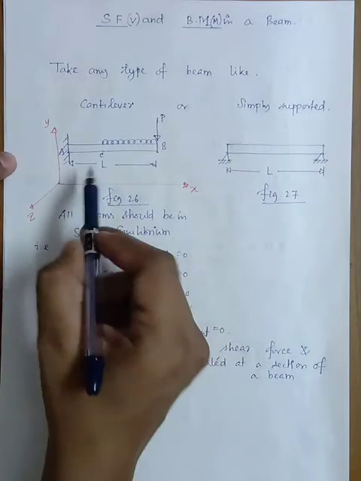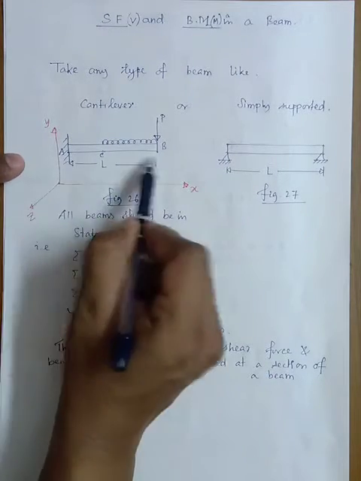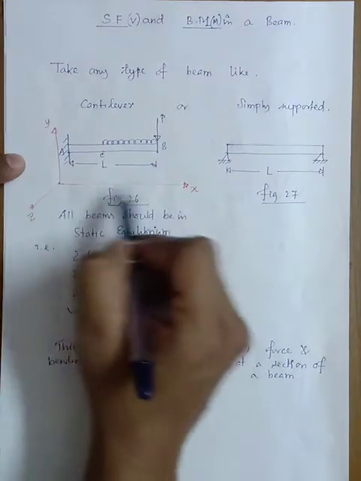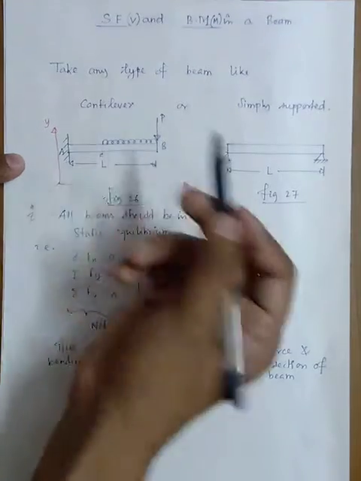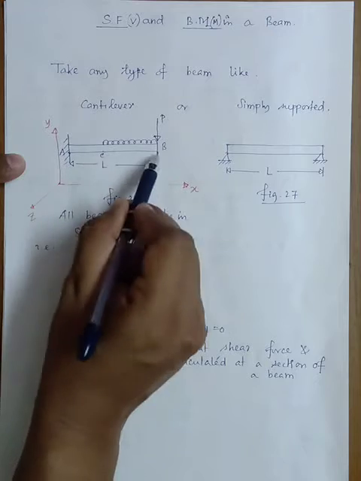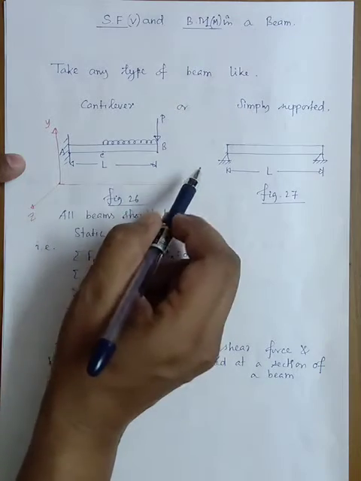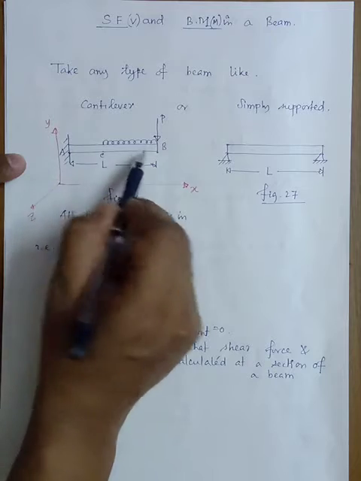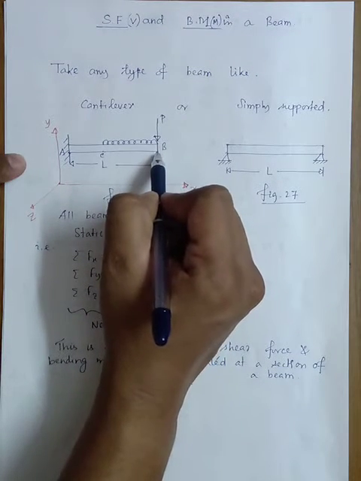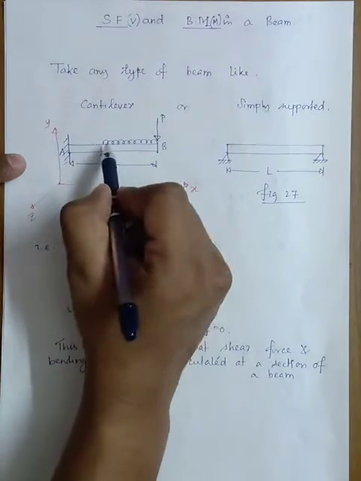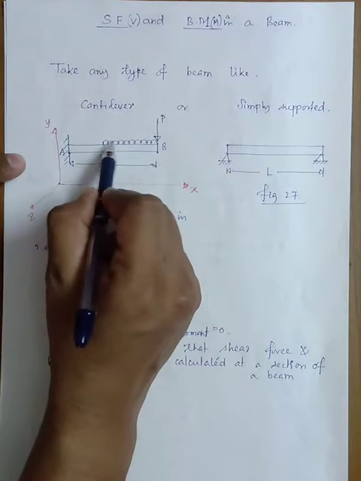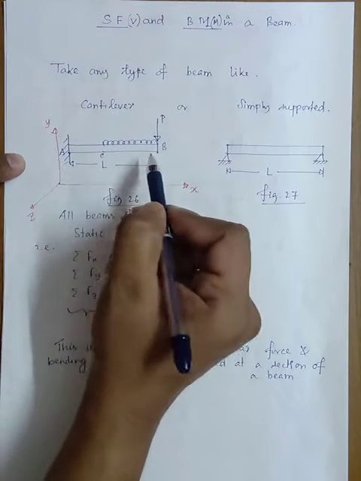Here you can see this is a cantilever beam, and this is the span L. With respect to this frame of reference, you can find out the coordinates of A, point C, and point B if the lengths are given. On the span, one point load P is acting at the free end. This is the free end, this is the fixed end. From some point C to point B, a UDL, uniformly distributed load, is acting.